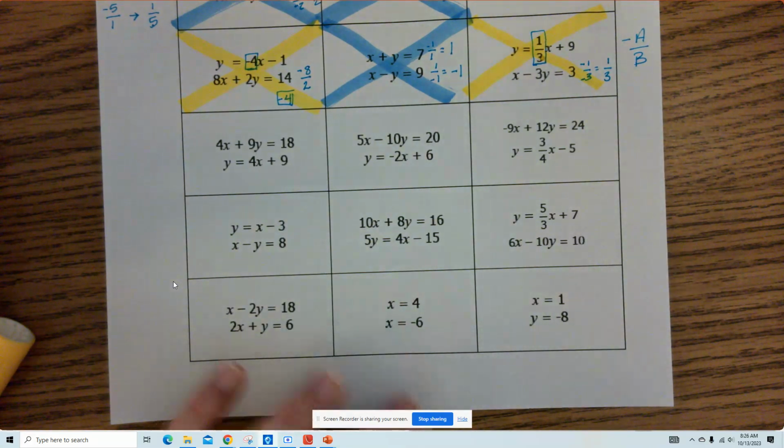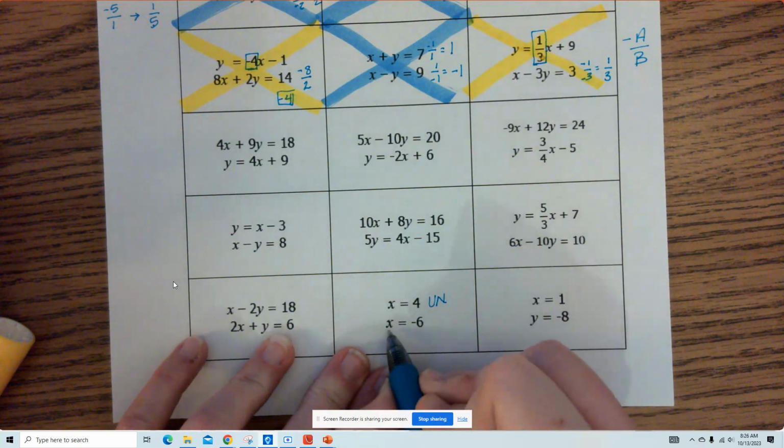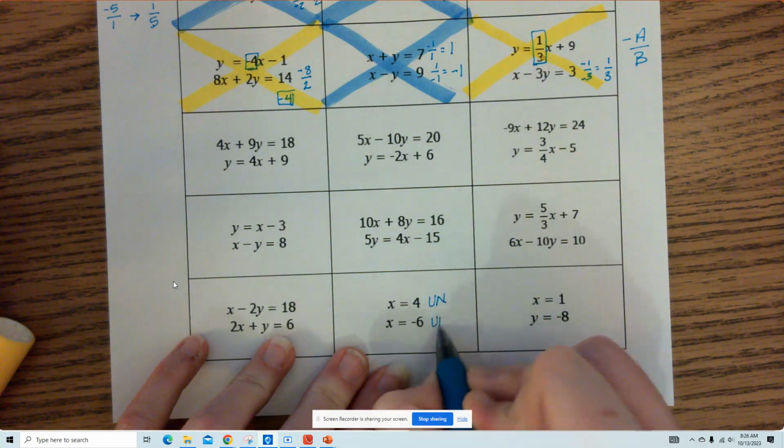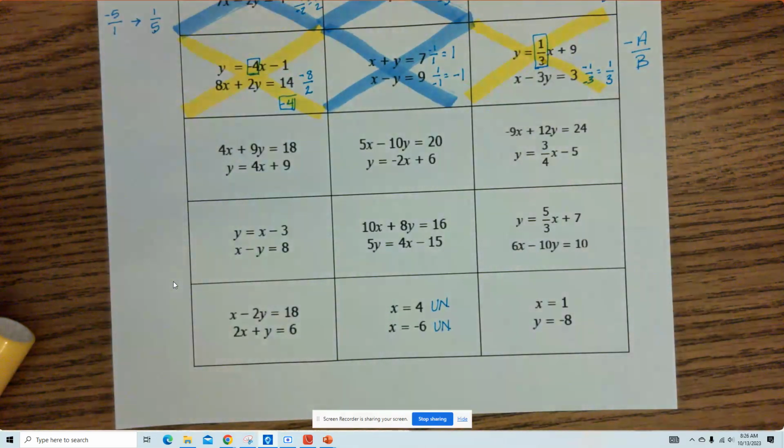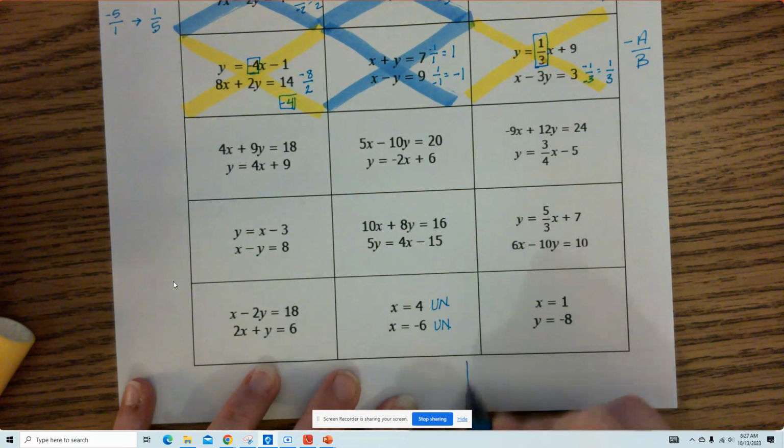Undefined. So an x equals line has an undefined slope. So that means this x equals has an undefined slope. So if both slopes are undefined, are they parallel or are they perpendicular? Perpendicular. They're going to look like this.